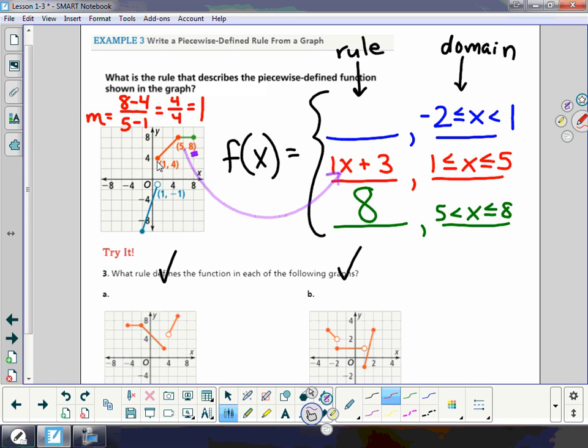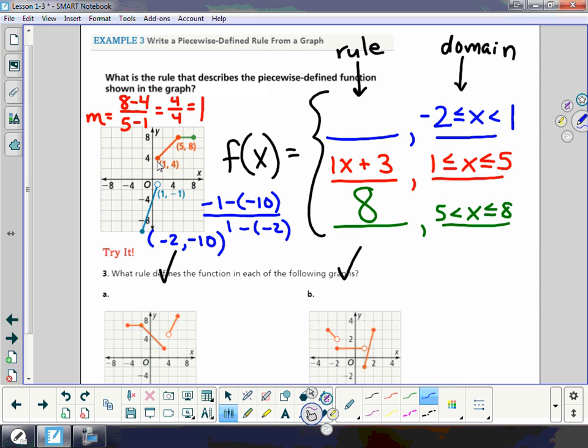Next, let's do the equation of the blue line. Let's figure out its slope. The coordinates of this point appear to be -2, -10, whereas the coordinates of that open dot are 1, -1. So let's do the change in y over the change in x. Okay, numerator changes from -10 to -1.